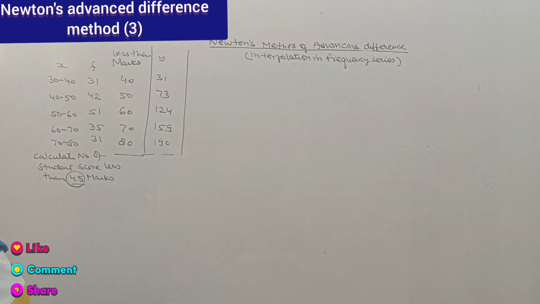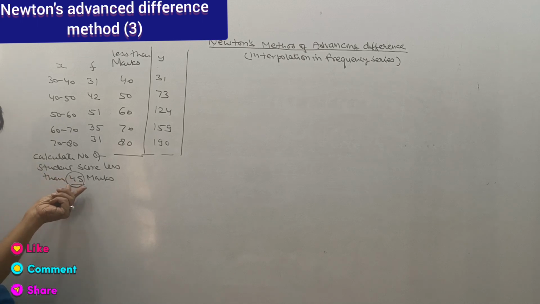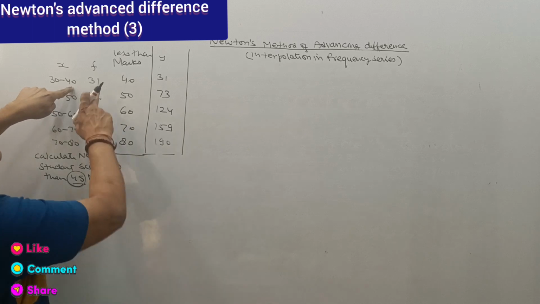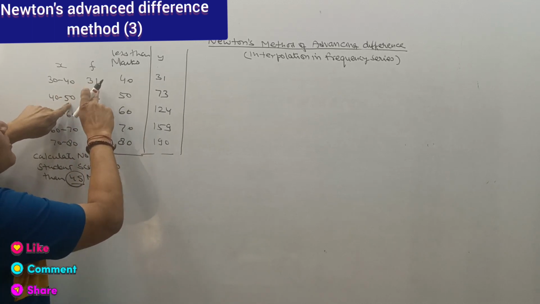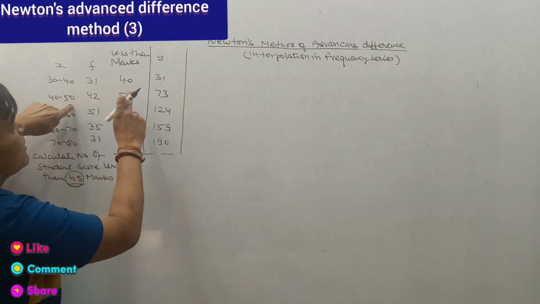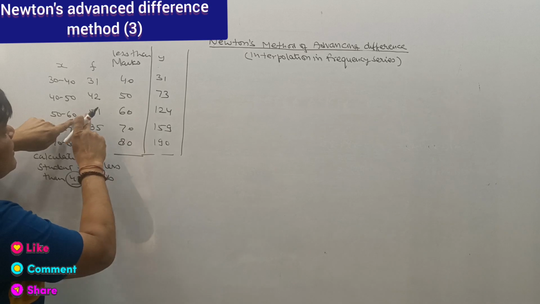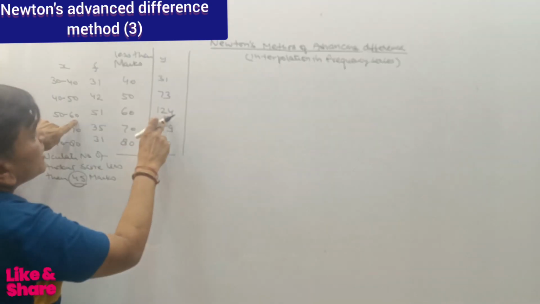The question is asking for less than 45 marks. So we have less than 40 marks is 31. Less than 50 marks also includes less than 40, so 42 plus 31 is 73. In less than 60 marks, less than 50 is also included, so 73 plus 51 is 124.